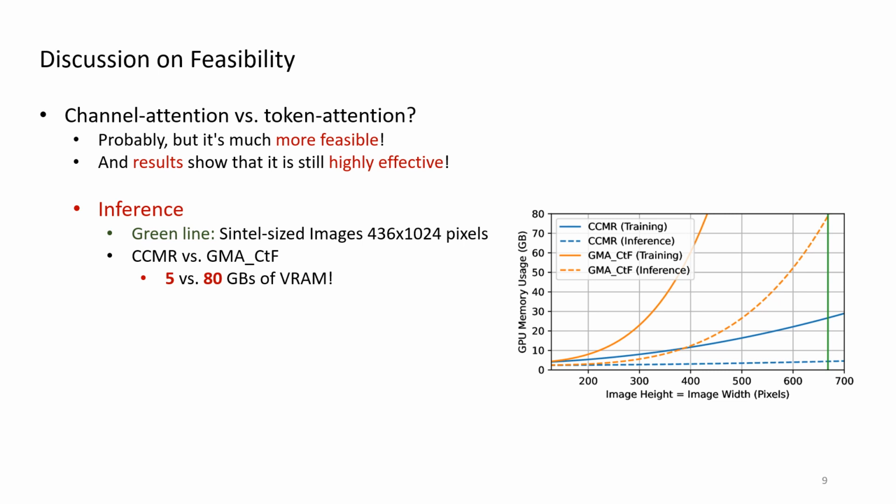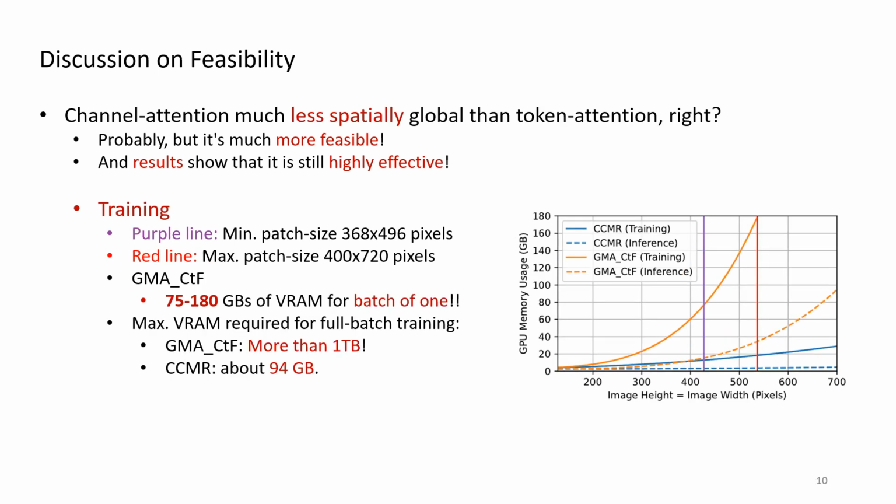For example, for inference, a synthesized image needed 80 gigabytes of RAM, while our CCMR approach only needed 5 gigabytes of VRAM. For training, this is even more problematic. Using GMA or our schedule, training the extension of GMA needs more than 1 terabyte of VRAM, while our approach needs 94 gigabytes for training.